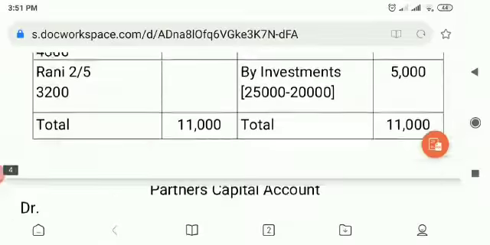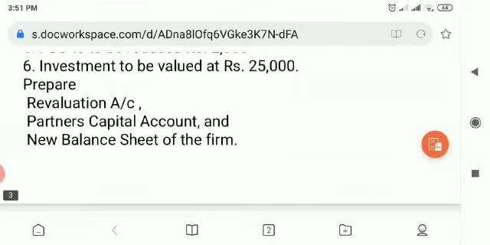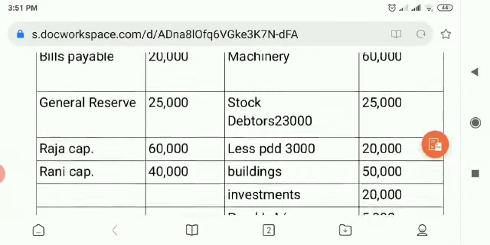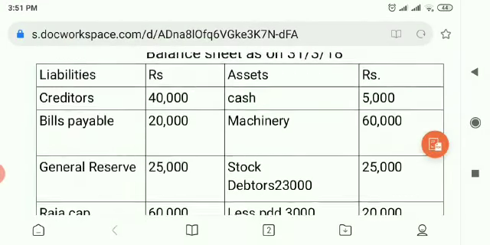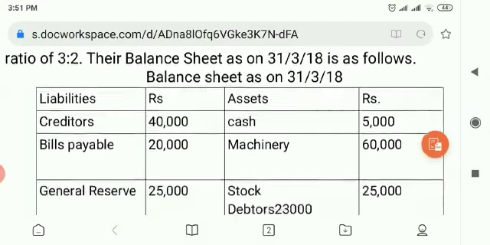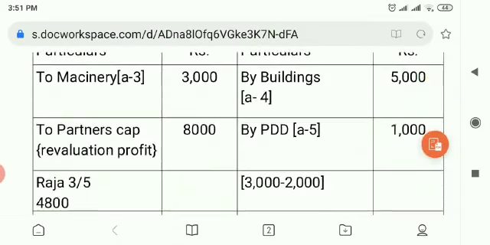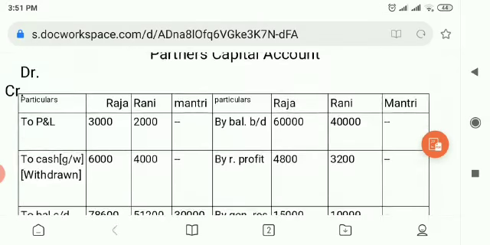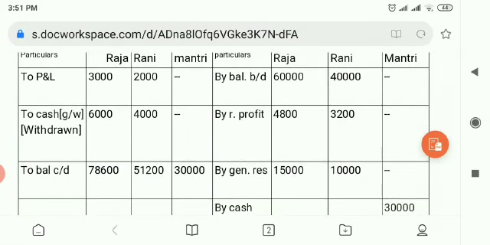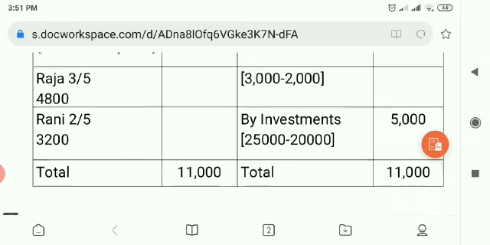Next, they have given you the general reserves, that is 25,000 and the ratio is 3:2. Come to your partners' capital credit side, leave 1 line, write general reserves, distribute in the ratio, you will get 15,000 and 10,000.